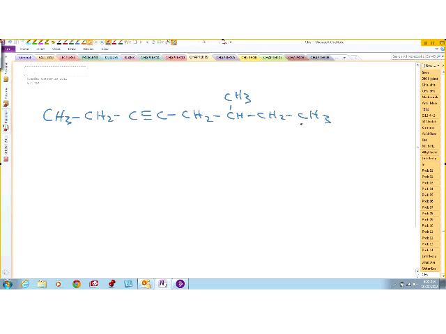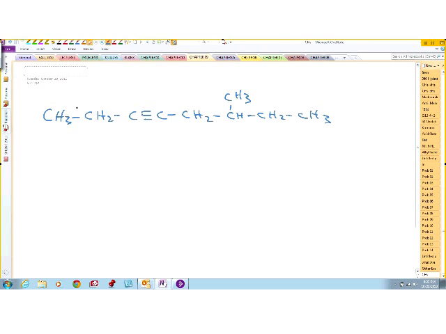In this instance, you have to assign the lowest possible number to the carbon-carbon triple bond. And then after you do that, the substituents will then be assigned the appropriate numbers.